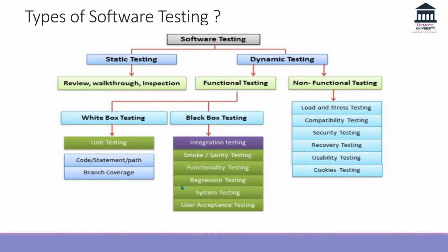These are all categorized under black box testing because a human or a person is executing these types of testing. We will discuss them in detail in the later slides or in a different video, once we get to that advanced level of the testing activity.